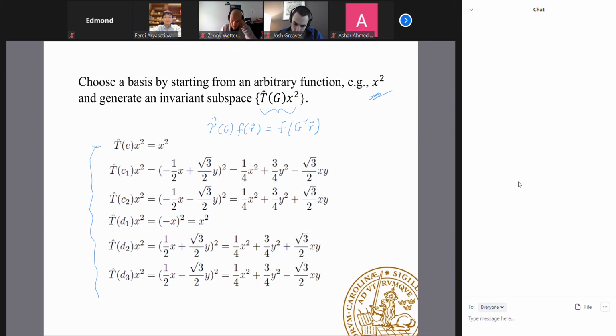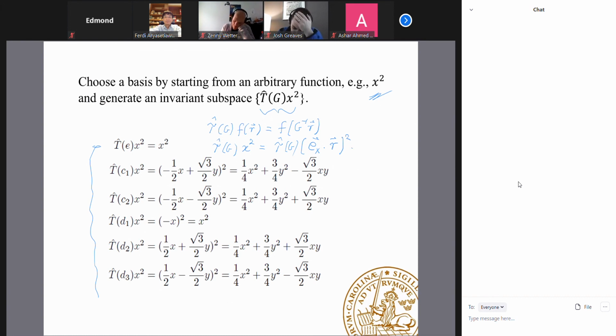So this means that we operate on x squared. We can write x squared as (ex dot r) squared, because we want to apply this on the r.